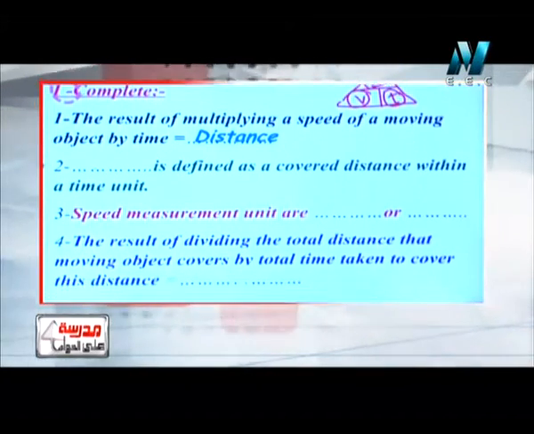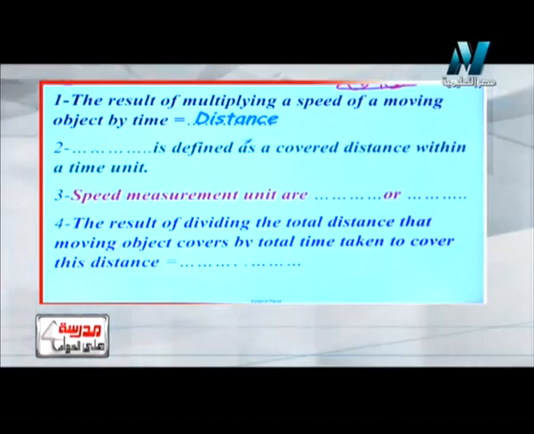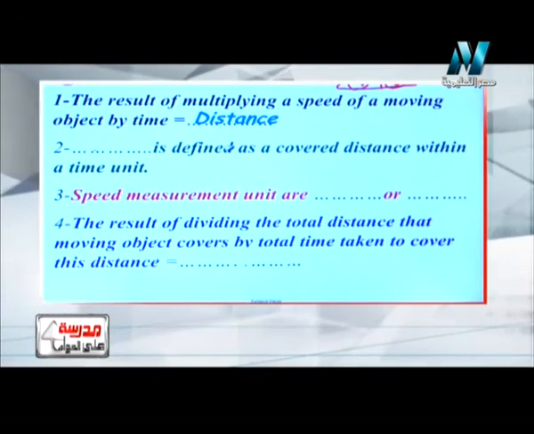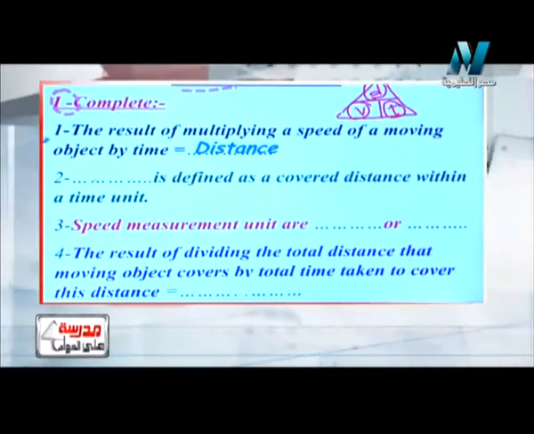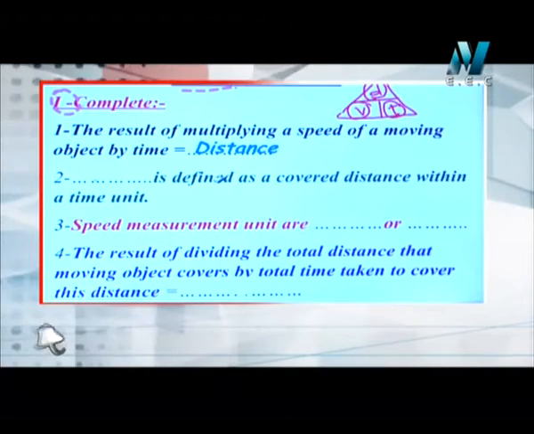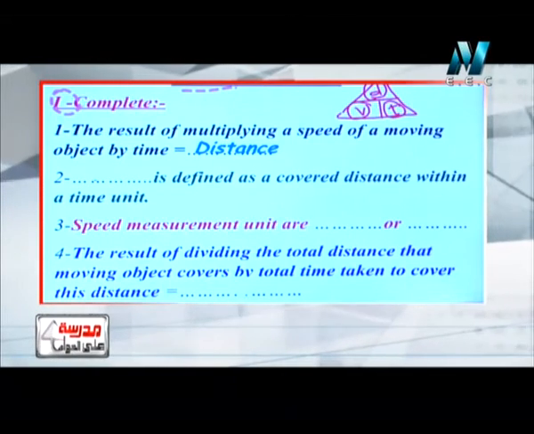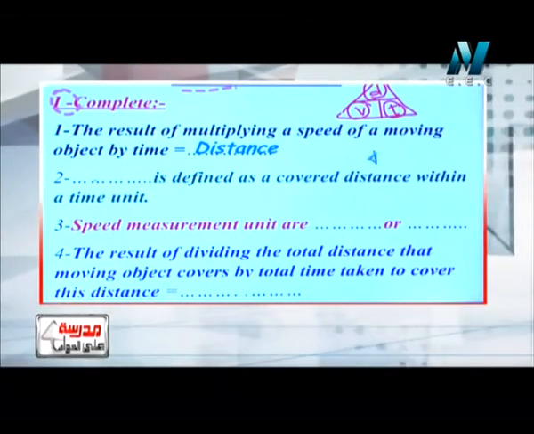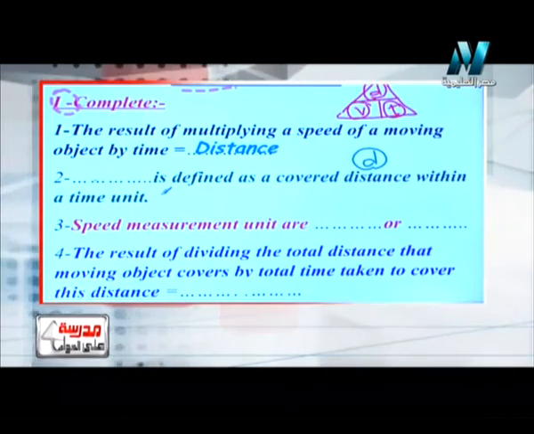Next question is defined as a covered distance within a time unit. As we studied before, from the mathematical relation we can find the answer. Here we have 2 physical quantities. Number 1 is covered distance, so we have distance, within a time unit, so we have time.